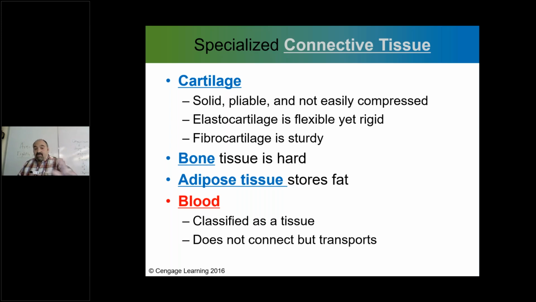Okay, elastic cartilage, your ears. The cartilage for your ears, elastic cartilage. Elastic cartilage would have a lot of elastic fibers present. And hyaline cartilage, pretty much throughout your whole body, is full of hyaline cartilage.